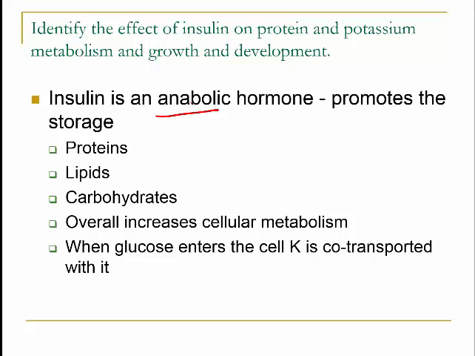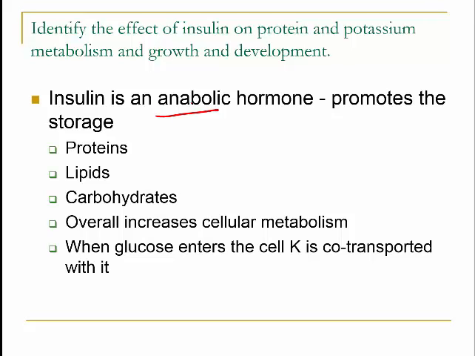And you remember that when we were making energy, we work from carbohydrates or glucose, then we move to lipids, and then we move to proteins, depending on our needs. The thing to remember, though, is when insulin helps us get our glucose into the cell, potassium comes along and kind of hooks onto the back of the glucose, on the coattails, I always say, and gets into the cell with it.